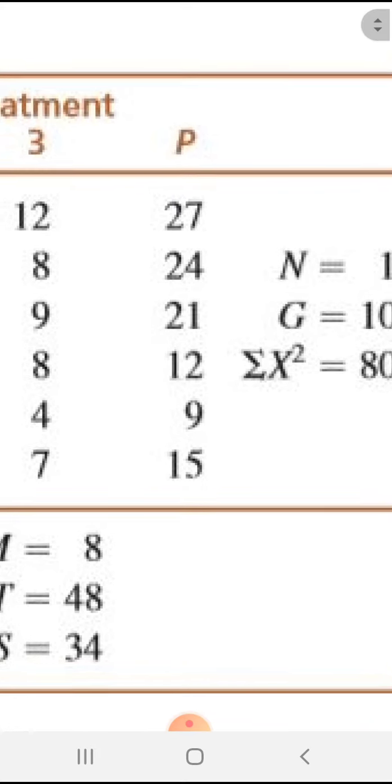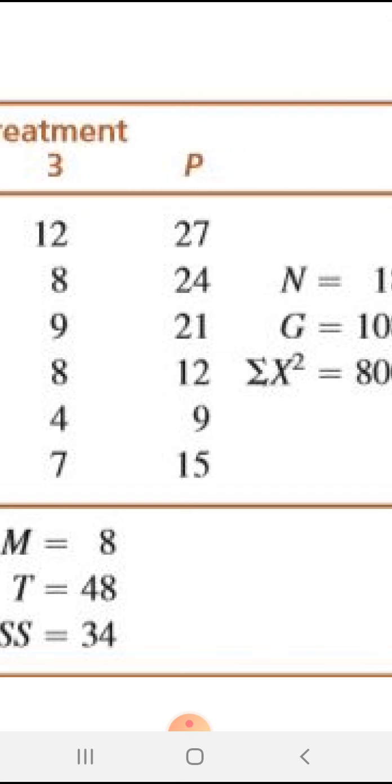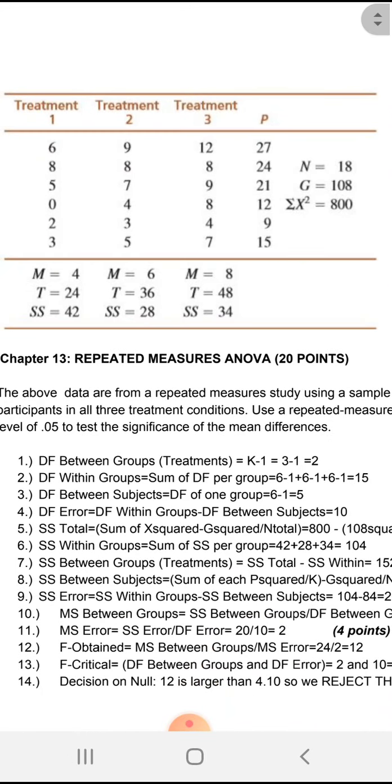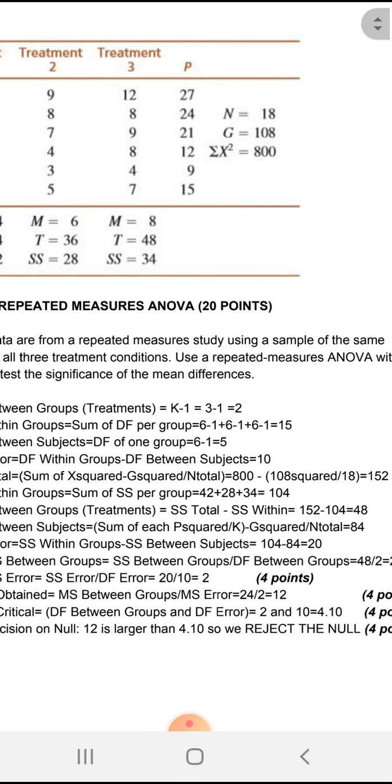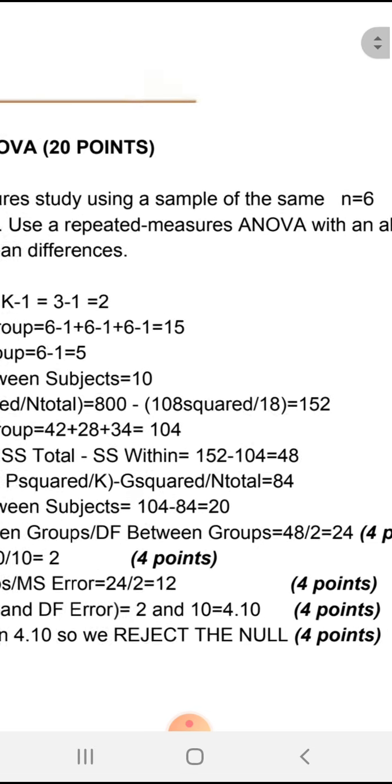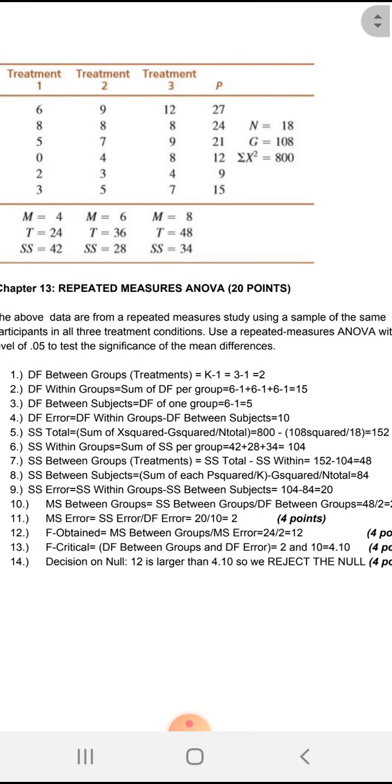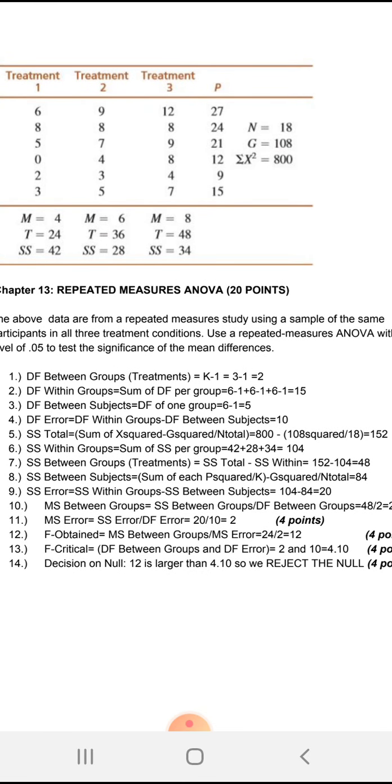So you do 27 squared divided by 3 plus 24 squared divided by 3 plus 21 squared divided by 3 plus 12 squared divided by 3 plus 9 squared divided by 3 plus 15 squared divided by 3. That's the first step. Then you add up all of those values and you subtract G squared divided by N total. And if you do that, you will get 84. So that is the sum of squares between subjects.